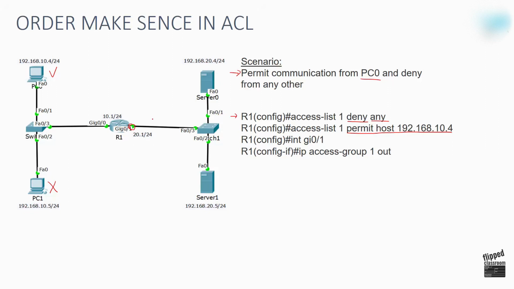Your router will look at the first rule, and the first rule is deny any. It's like the router is reading the description of the ACL rules and says, alright, deny any. And the packet coming from PC0 will be denied, and all other communication will be denied, due to the fact that the order makes sense.